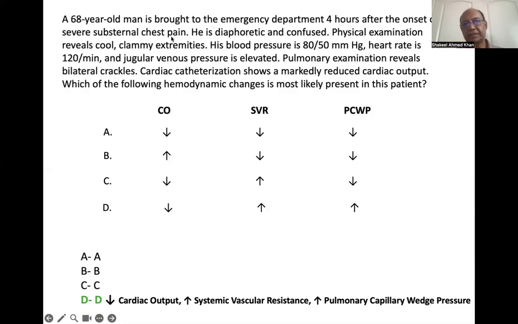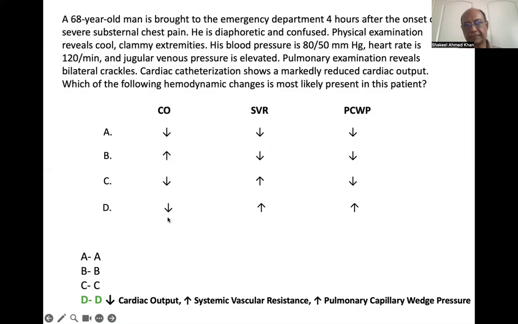So something is wrong here in the chest, which is actually the heart, because it's not pumping out and the pressure is low. And this 120 per minute is due to a reflex increase in the heart rate. What else? The pulmonary congestion is there.